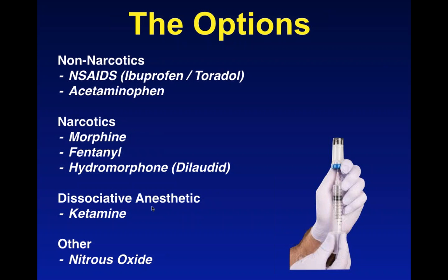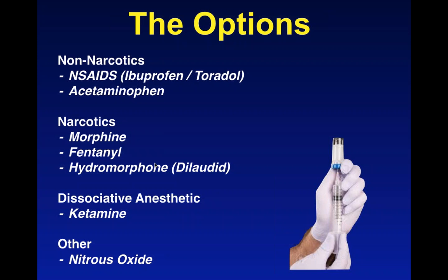Let's move into the narcotics and the dissociative anesthetics. So, morphine, fentanyl, and Dilaudid. I'm curious to see what not just the folks who are on the call today are using. If you wouldn't mind, for those of you who are able to, just type it into the chat to everyone or just to me personally, which medication you're using, just so I can kind of get an idea.